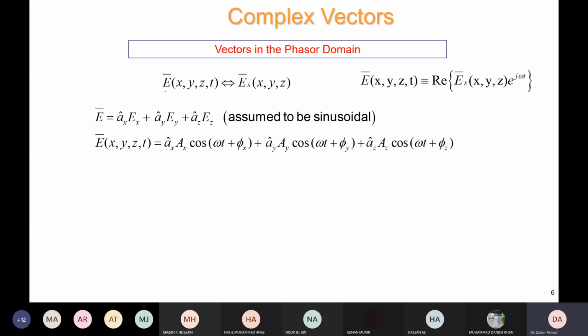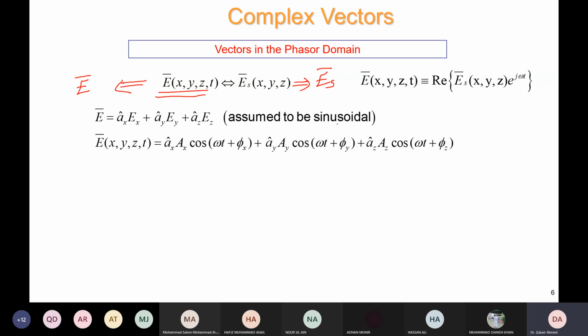So we are denoting the electric field as a function of x, y, z, and time by a shorthand notation, that is, simple E. If I denote it by E and denote the phasor by the shorthand notation ES, then I can write this time domain instantaneous vector field as the sum of three components: x component along the ax unit vector, y component along the ay unit vector, and z component along the az unit vector.